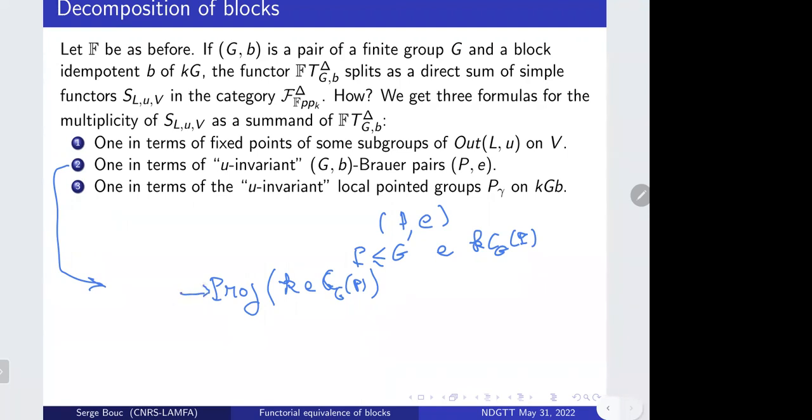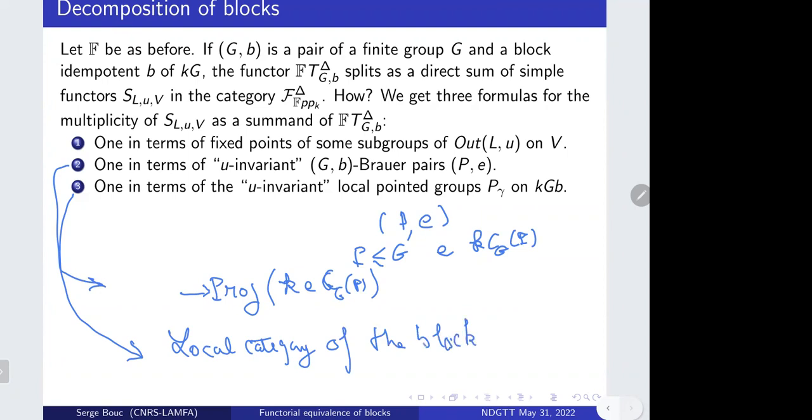And from that point of view, the last formula may be more interesting because we know the multiplicity if we know what Puig called the local category of the block, which involves precisely more information than just the fusion system of the block.